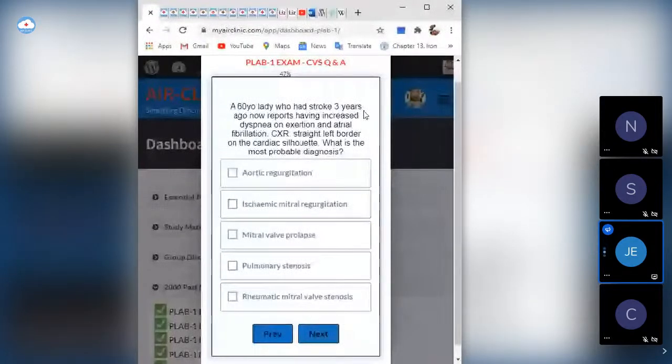What is the most probable diagnosis? This thing is characteristic. When there's straightening of the left cardiac border, it's called mitralization of the left cardiac border.